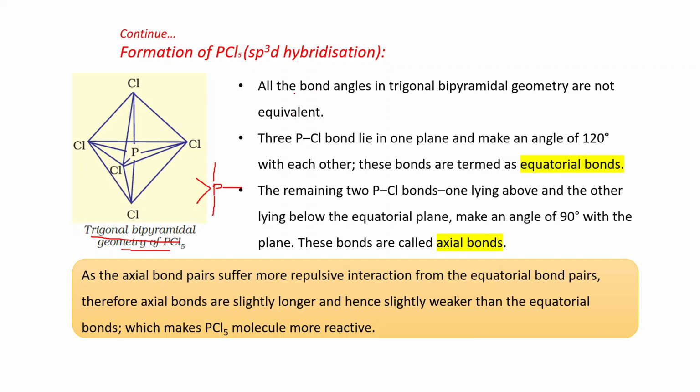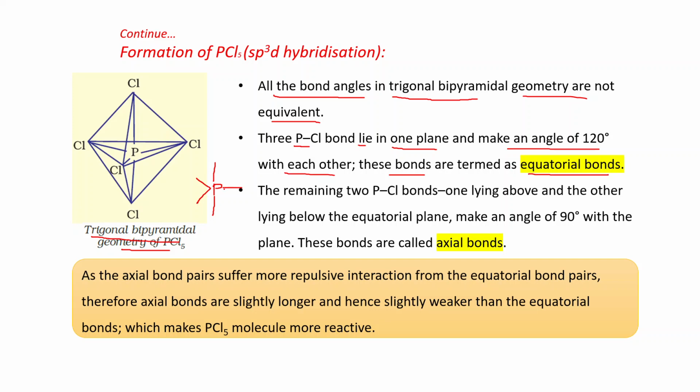Now, all the bond angles in trigonal bipyramidal geometry are not equivalent. Out of these five bonds, three P-Cl bonds lie in one plane and make an angle of 120 degrees with each other. These bonds are termed equatorial bonds.